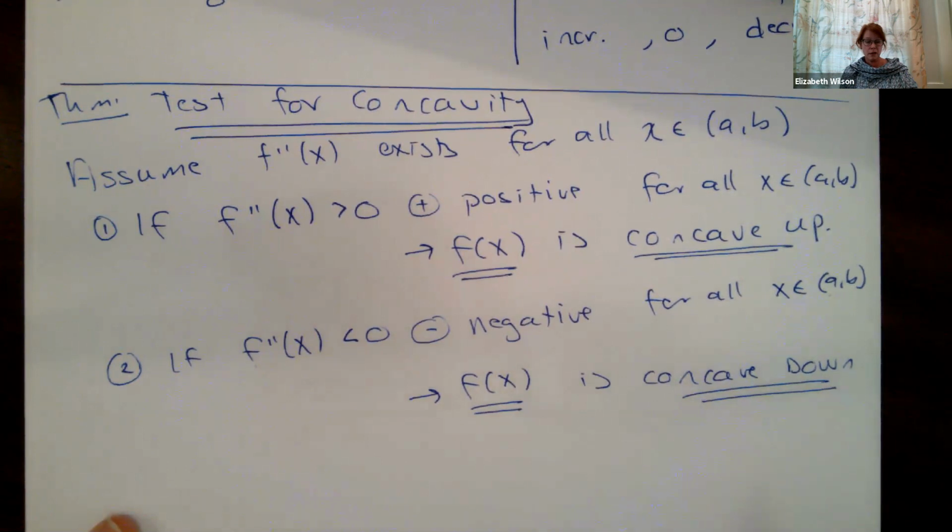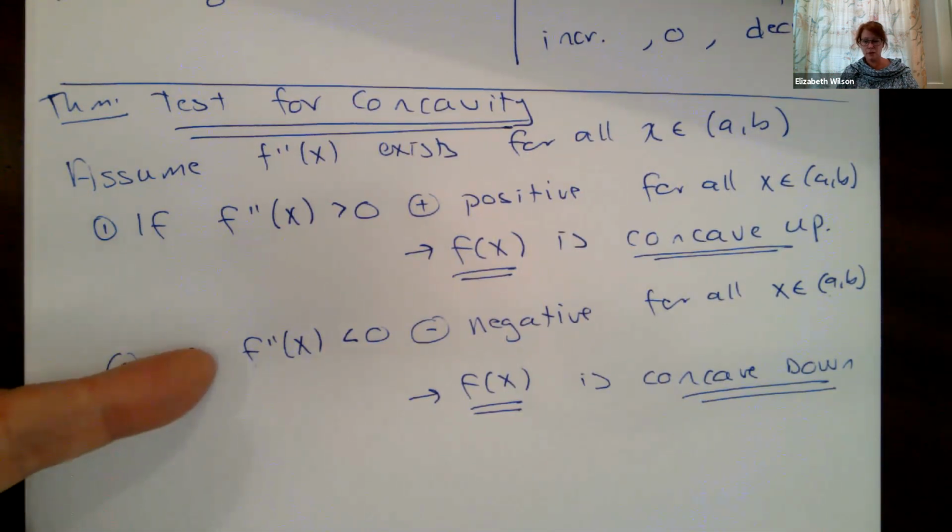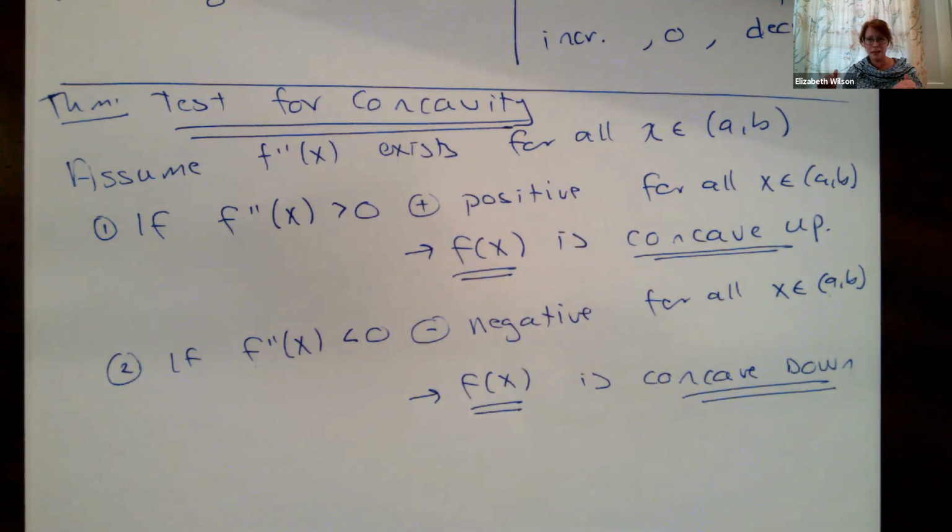Second derivative is positive, concave up. Second derivative is negative, concave down. However you want to remember that. I always think positive is up, negative is down, whatever. That's just kind of how I remember.